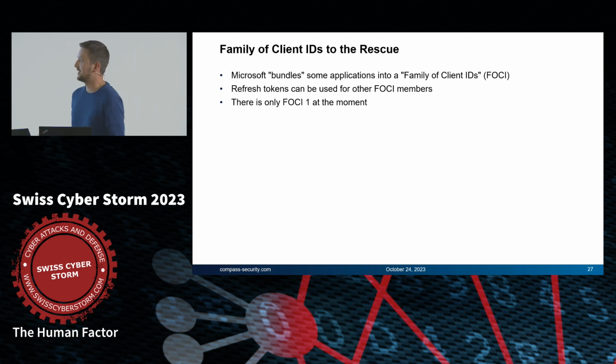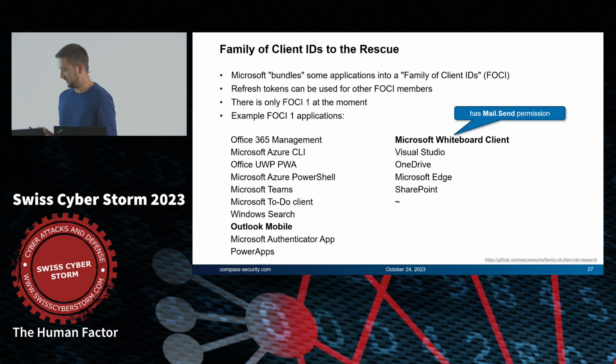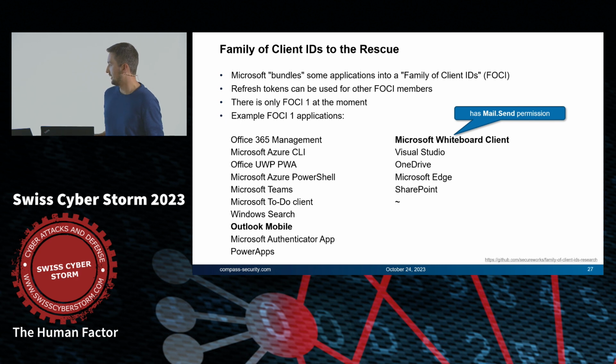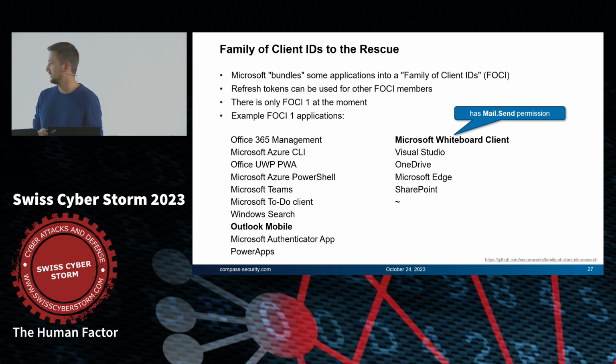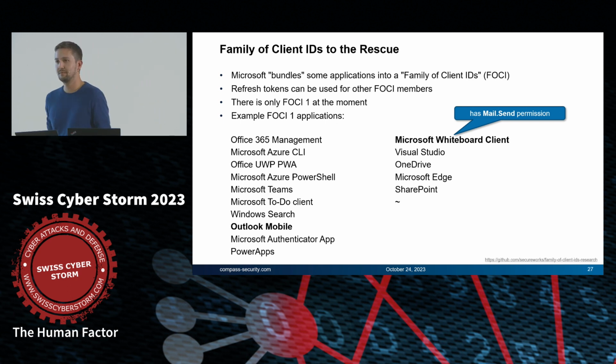There's only FOCI 1 at the moment, or group 1, at least that I'm aware of. There's quite a list of applications here. I have the link to the SecureWorks research, but there's quite a list of applications in this family 1. For example, the Microsoft Whiteboard client has the Mail.Send permission.